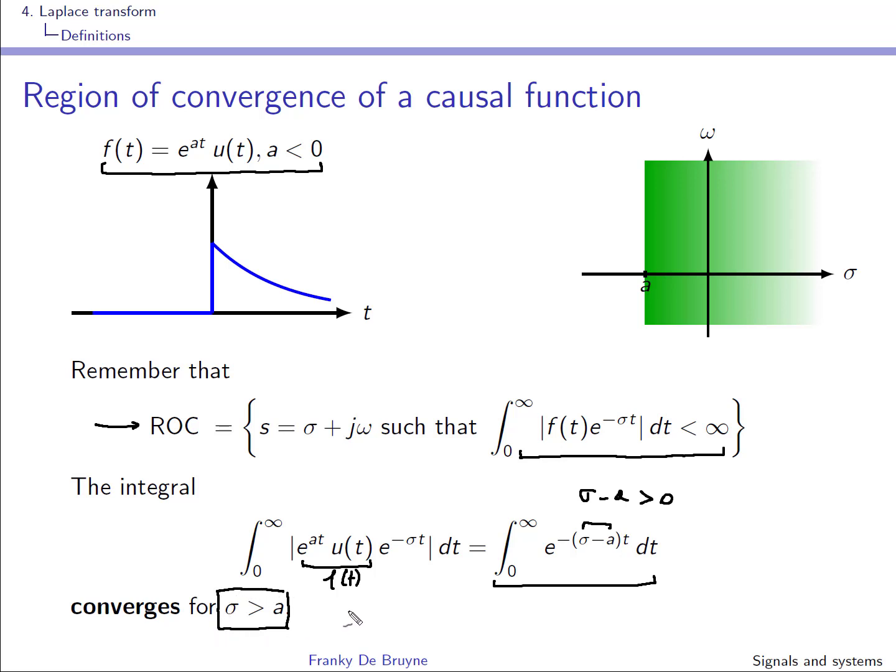As we had anticipated, the region of convergence is to the right of something, and here it's to the right of a. Remember here that a is negative. So the domain of convergence is to the right of a. And we see indeed that this domain of convergence does not depend on omega.